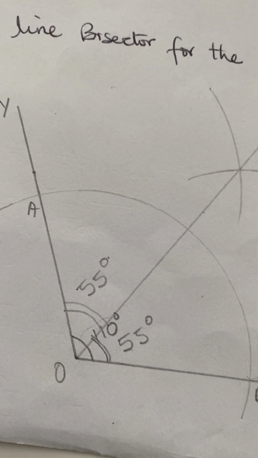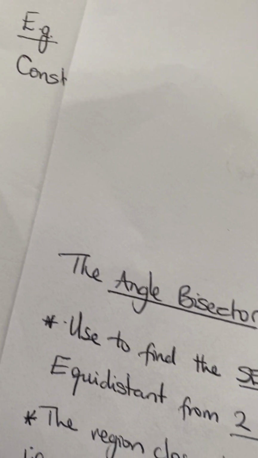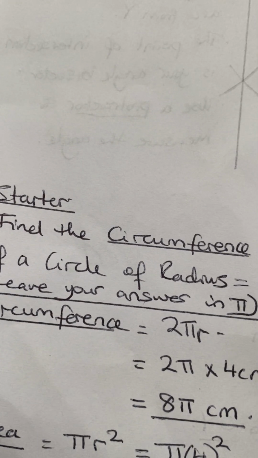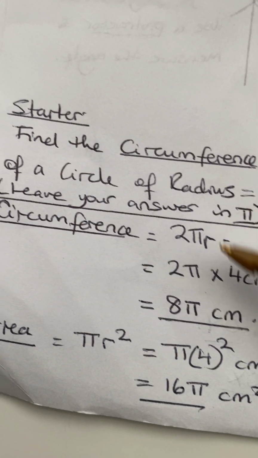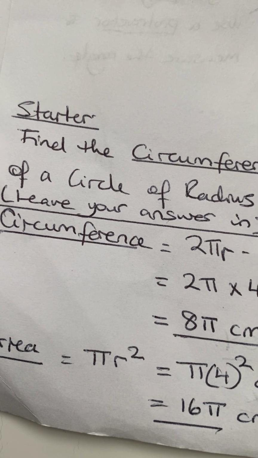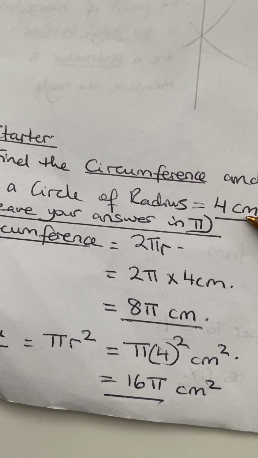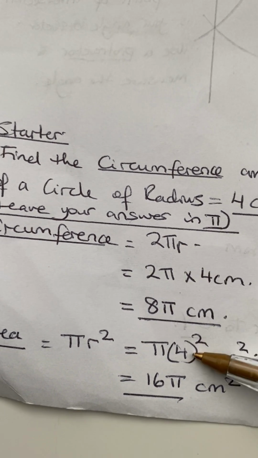So today, what have we done? We've looked at some recap, okay, from yesterday. We did this perpendicular bisector yesterday, and I brought another example. We've done a starter to remind us how to find the circumference and area of a circle using our formulas.